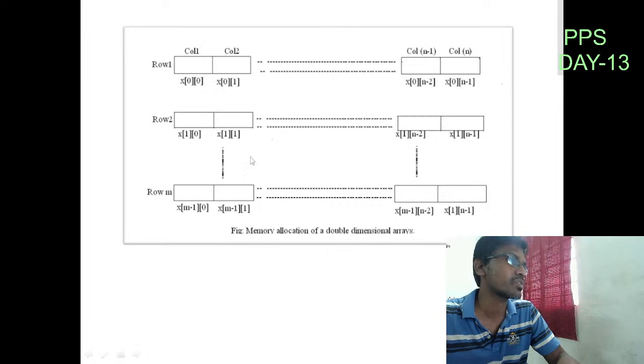So you can store in a 2 by 2 matrix, a 3 by 3 matrix, or a 4 by 4 matrix. According to those sizes, the values are arranged as a matrix. So this is a representation of the memory allocation of double dimensional arrays.